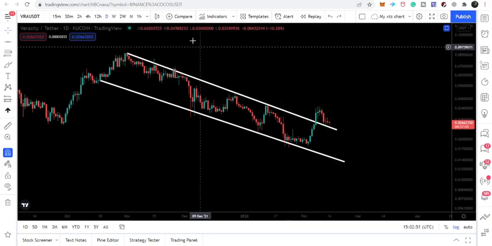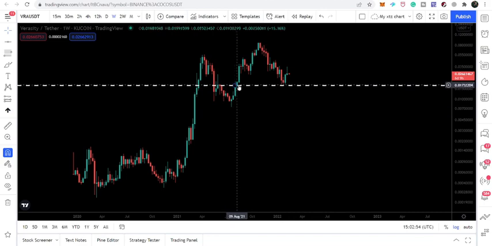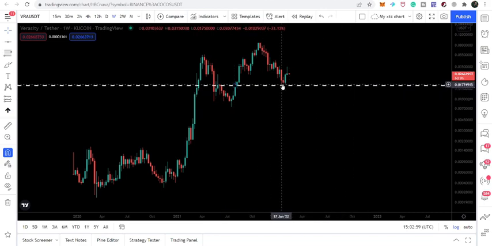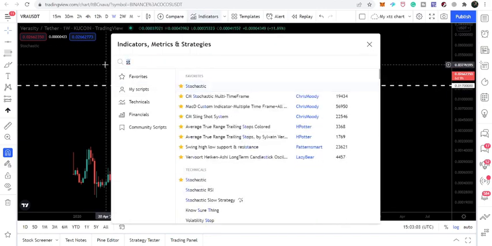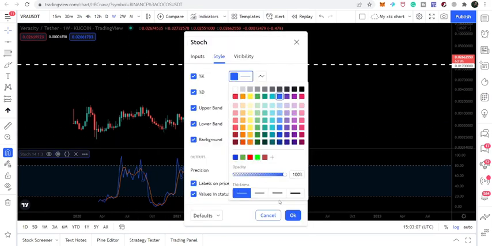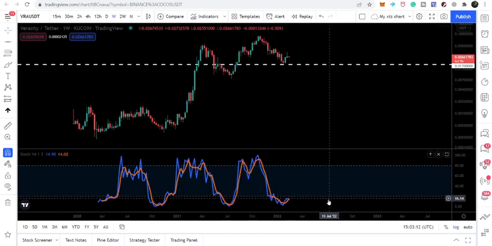Now, if we take a look at the weekly time frame, then here we were watching that we had a very strong support at 1.7 cents. The price line tested the support here and it geared up. And if I place the stochastic here on this weekly time frame, then we can see that the stochastic was giving us the signal that the market of Verasity is completely oversold.